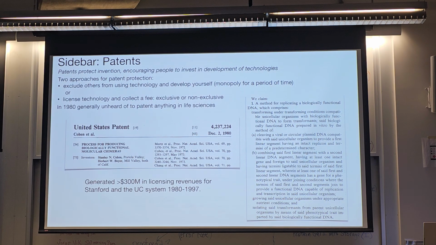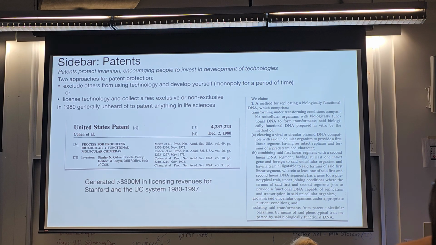Okay. So I just wanted to mention also just patents in all of this as well. So patents are certainly an important part of biotech, and patents in its most fundamental form protect an invention, and by getting a patent that encourages people to invest in development of new technologies if they're able to protect and patent them.